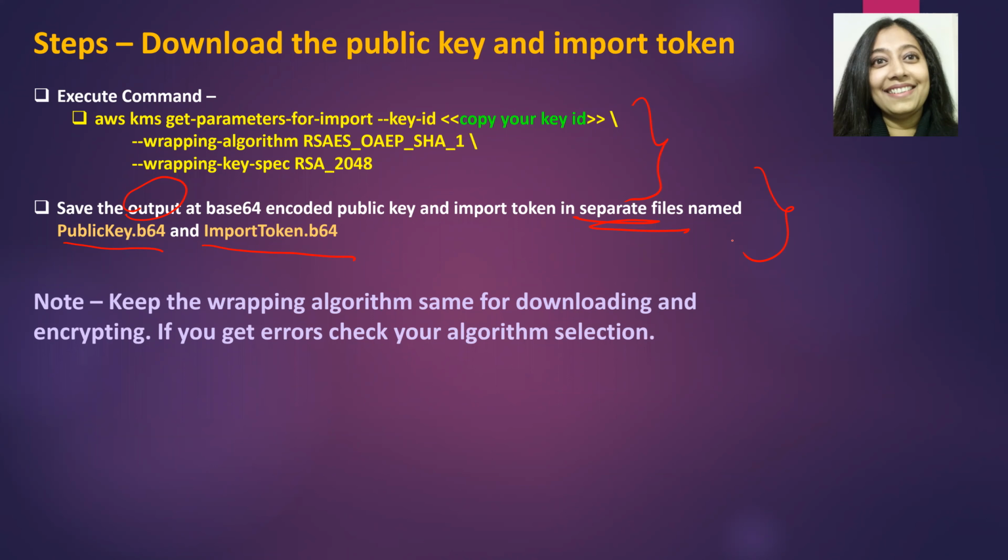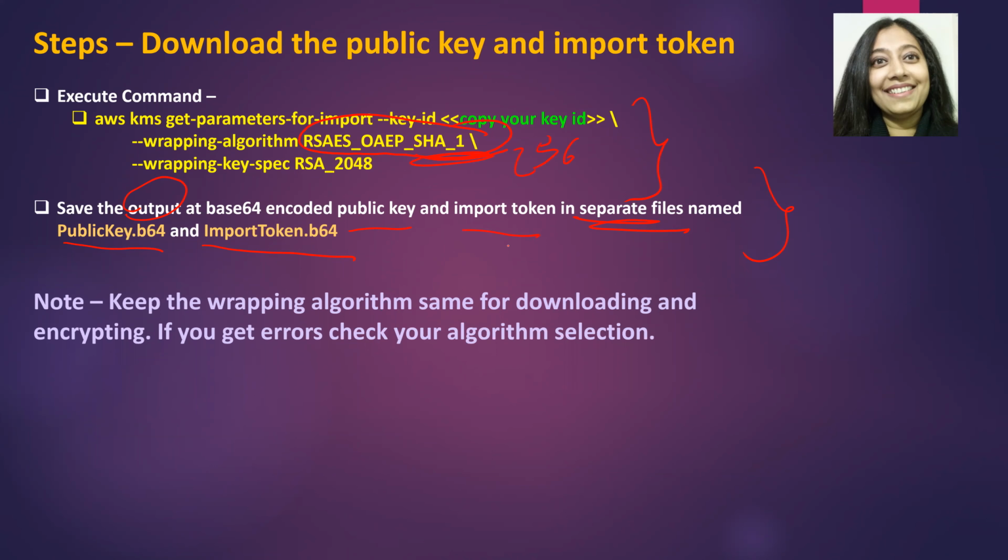Now, one thing that I want to mention over here is I created this public key and import token using this particular wrapping algorithm, right? So it's SHA-1. Now, in case you happen to use, let's say, 256, ensure that whatever algorithm you use here to extract this information, that's your public key and import token, you use the same algorithm while you are encrypting your key material.